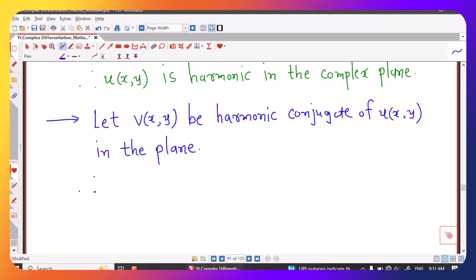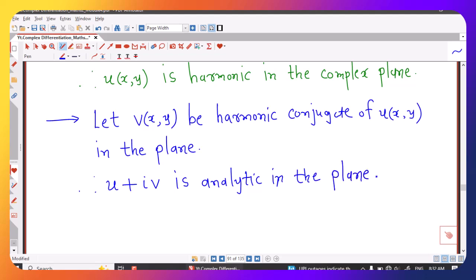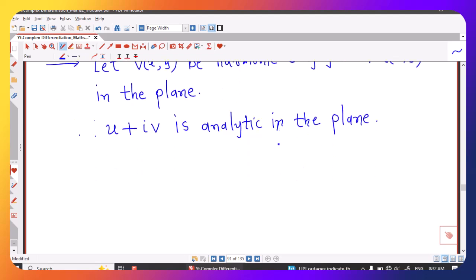And therefore by definition, if we write this function whose real part is u and imaginary part is v, then by definition this function is analytic in the plane. We know that v is harmonic conjugate of u if u plus iv is analytic, and if u plus iv is analytic, then u plus iv is differentiable.